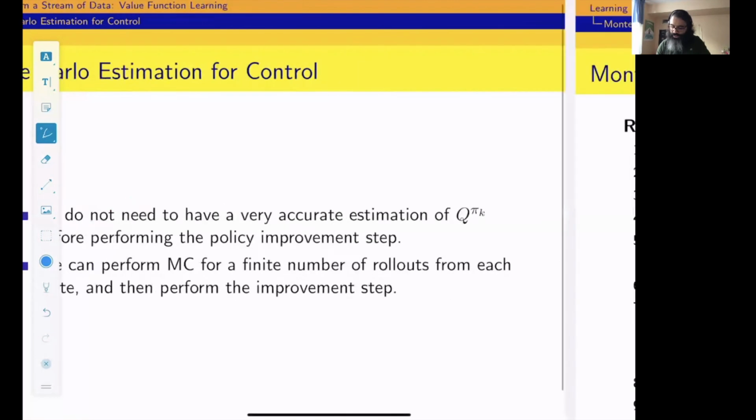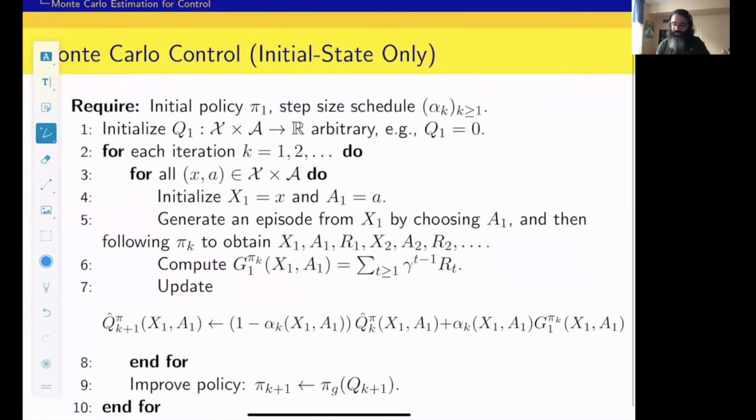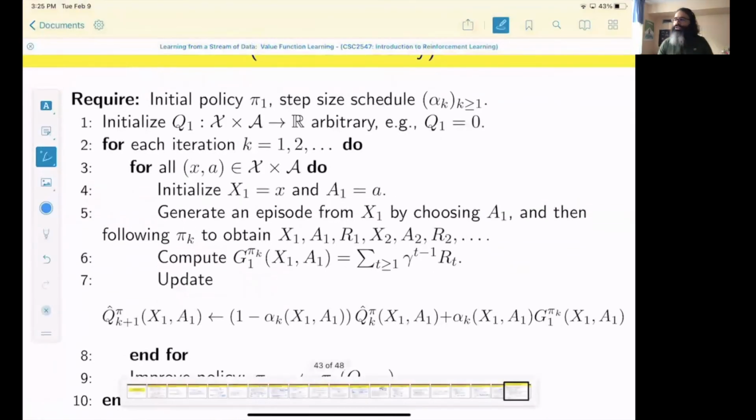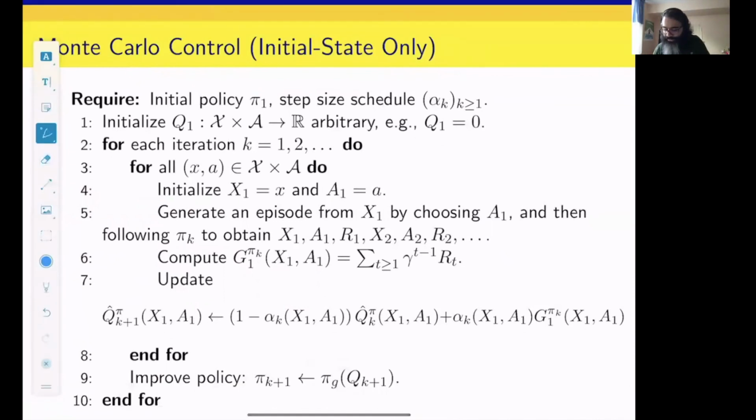So let me show you how it can be done for Monte Carlo, but for control. I use the initial state version. Here I start from some policy pi 1 and initialize Q1.